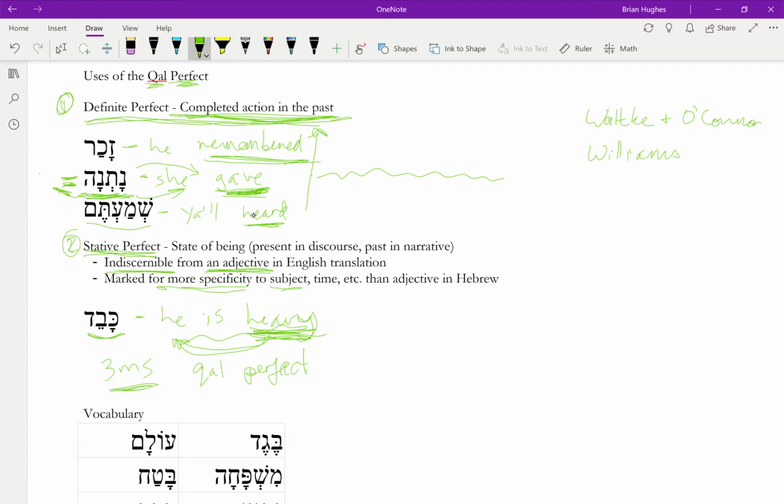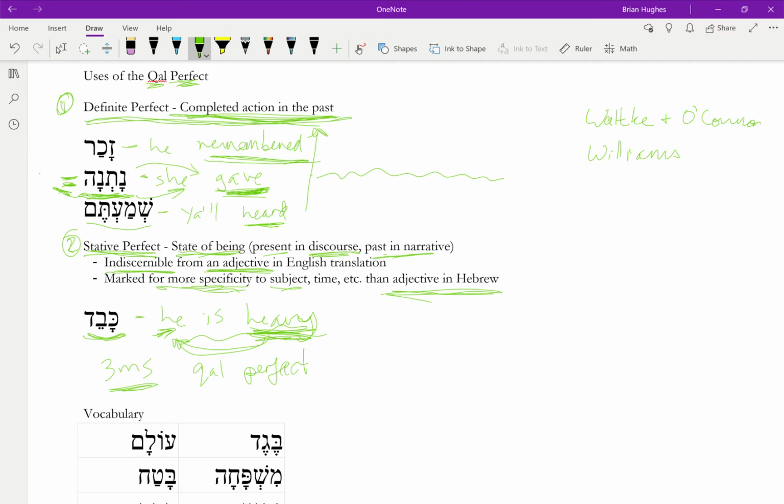So it's got more specificity than an adjective in Hebrew, and we'll talk about adjectives in a few chapters. But for now, these are going to translate for us into adjectival sort of phrases. The stative perfect describes the state of being. If you're in discourse, if you're quoting somebody's speech, then it's going to be present tense. But if you're in a narrative, it's going to be past tense.